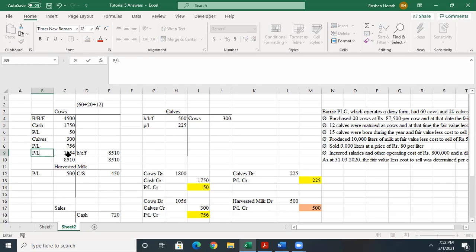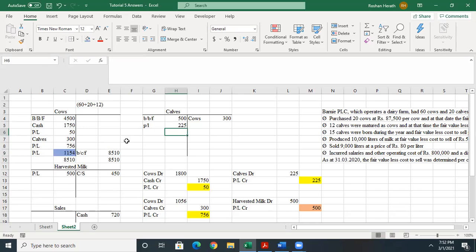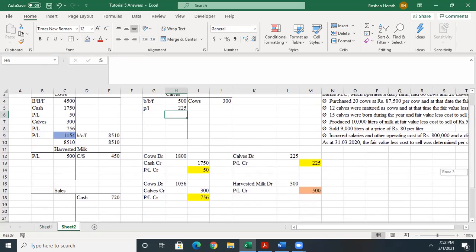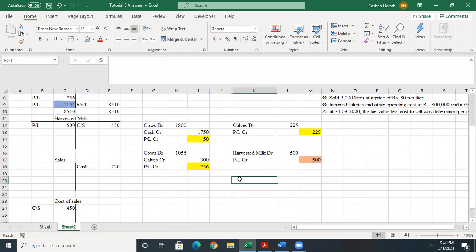So from the remeasurement, you can see that 1154. If you write a double entry on that, you can see that it's mature biological assets, it's cows, that got debit 1154 and it got credit 1154. That is to P&L.